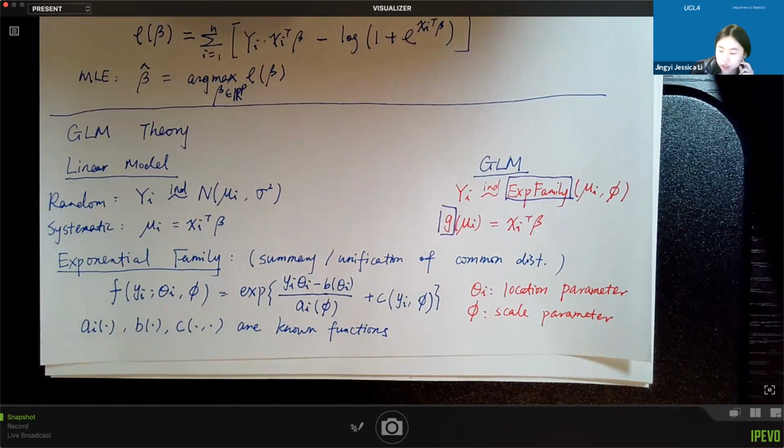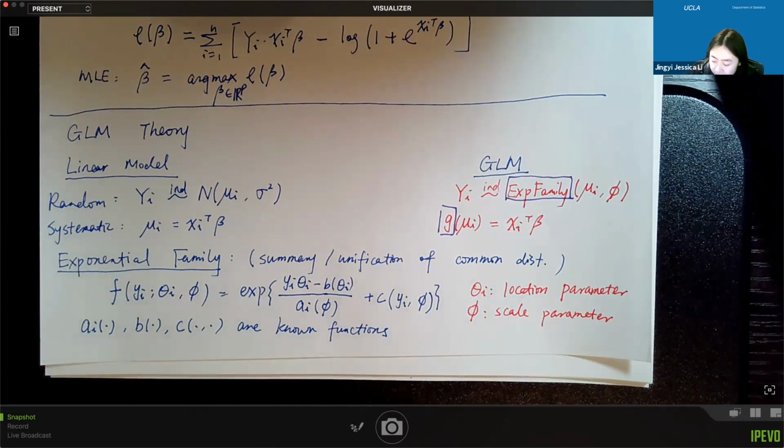For example, the Cauchy distribution doesn't have any moments. You cannot define the mean, but still you can always define a location and a scale. So these 2 parameters specify the distribution. Location is where the distribution is located, and the scale is how much dispersion the distribution has.